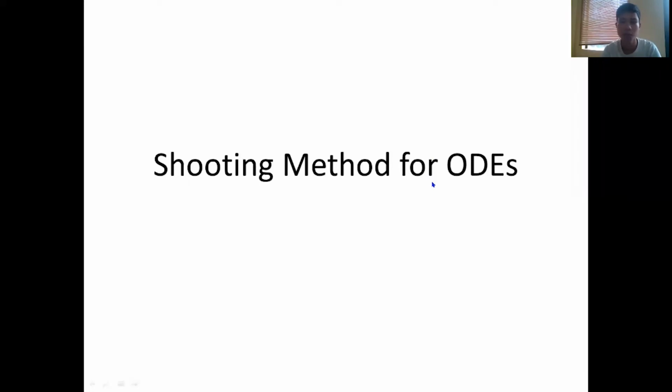Good day, everyone. So we're going to solve a problem involving ODEs, which is we're going to use a shooting method. So in this method, it is a trial and error method where we are going to assume initial values so that hoping that we are going to find the exact solution of a certain ODEs.